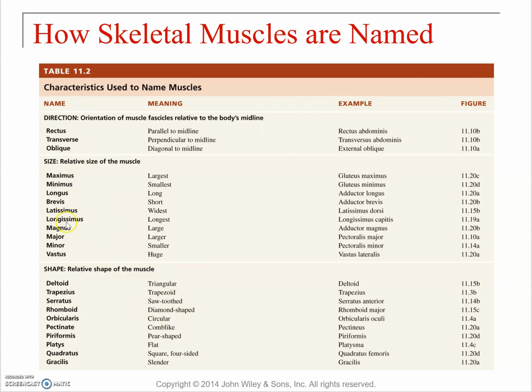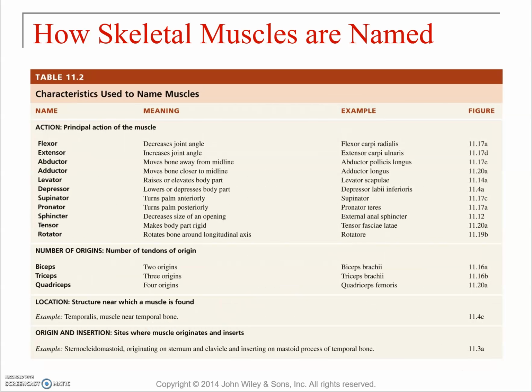This document shows some terminologies and their meanings that are used to name muscles. So you can go through a few names and locate them on a picture to know where they're located. So you can learn these muscles as you go. And here's another list of names and meanings used to name the muscle based on a characteristic.